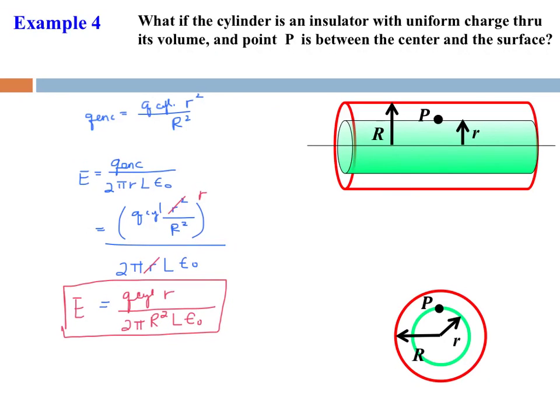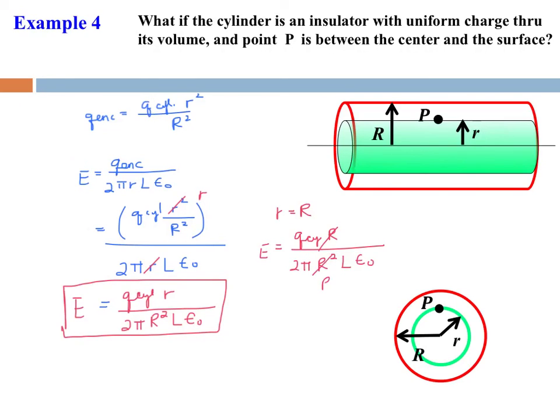Now let's say that the radius of our Gaussian surface is equal to the radius of our cylinder or greater. That means in the situation where our Gaussian surface is equal to our capital R, our little r is equal to our capital R, and our electric field simplifies down to pi r squared L epsilon naught.